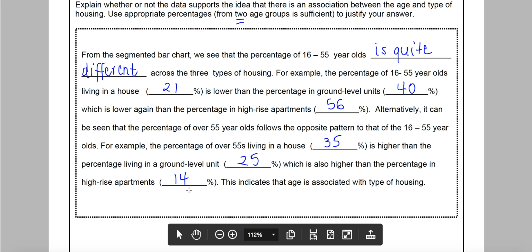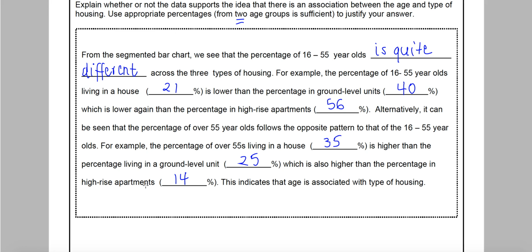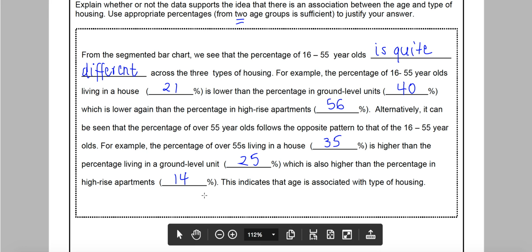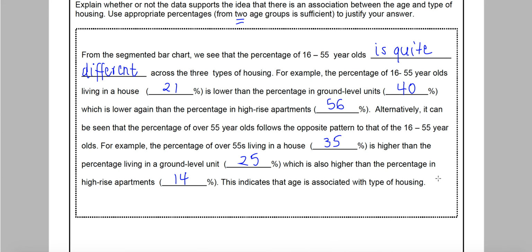Again, we don't try to say why. We're not going to suggest why over 55-year-olds are not living in high-rise apartments and why they're in houses. Don't attempt to make any explanation as to why. We're simply saying that there is an association. So this indicates that age is associated with type of housing. And that is all that you need to put in your report or in your response.